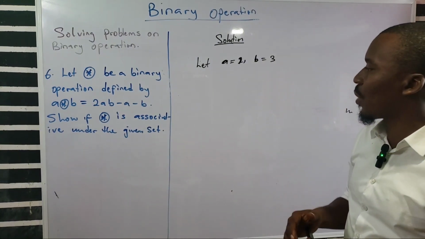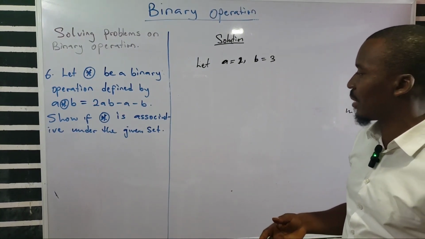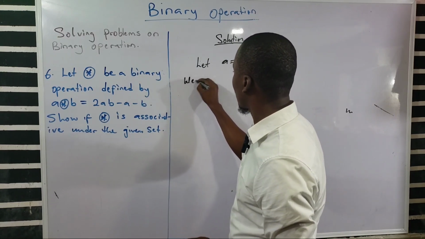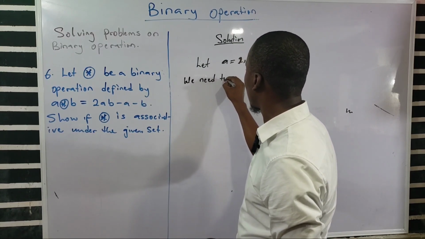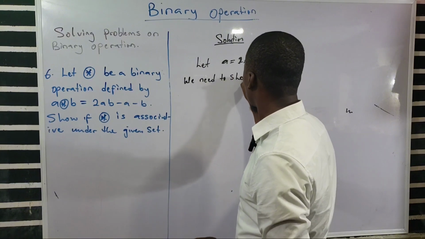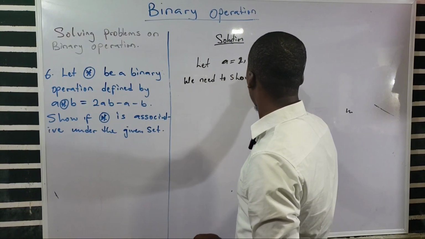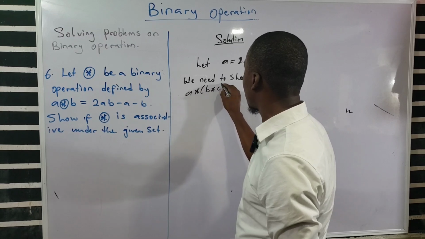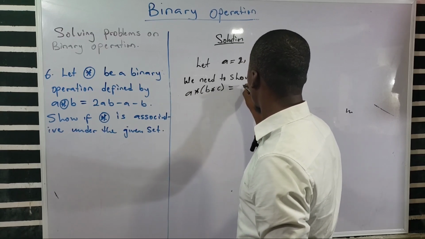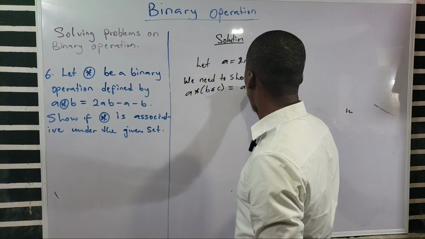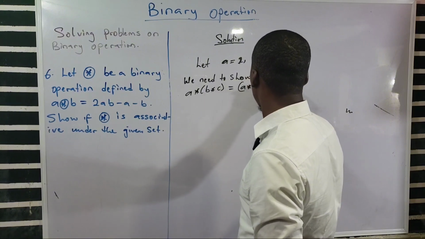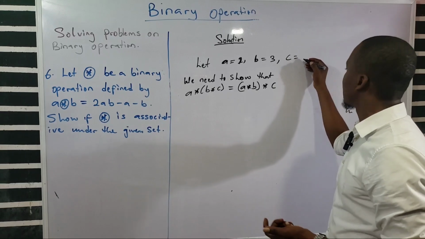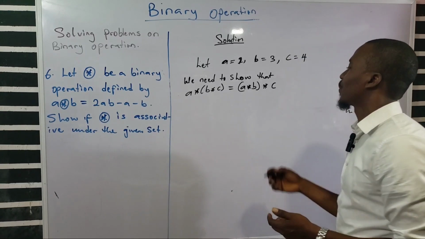And what we mean by being associative is that we need to show that A binary (B binary C) equals (A binary B) binary C. So we need to define our C also. Let's take C as 4.